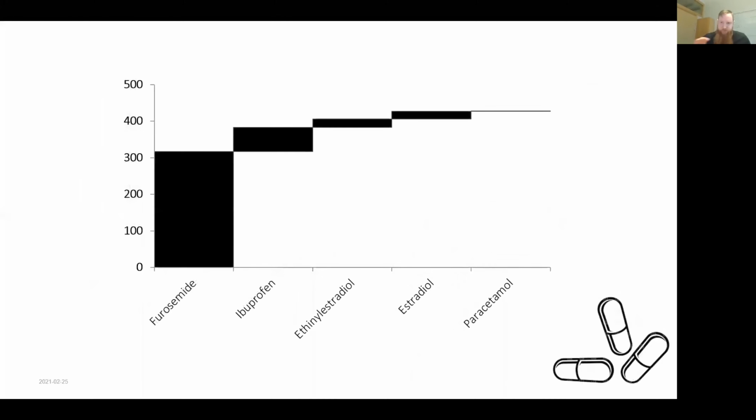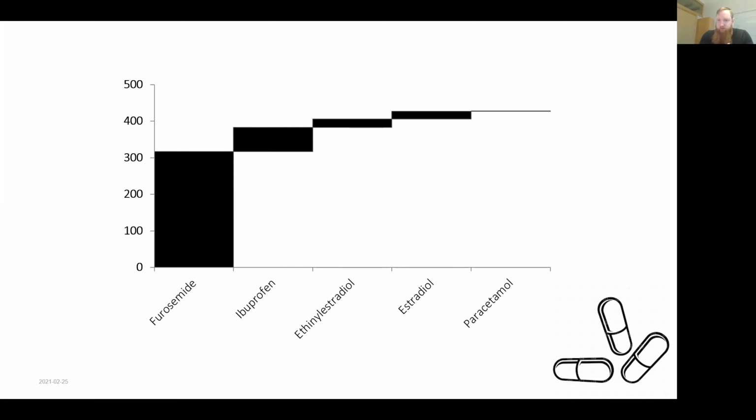And now we've taken the top 5 contributors to that risk, and we plotted them like this, so that you see that the black bars here are the height of the risk that they each contribute. So furosemide contributes with a little more than 320 times the concentration that we think is safe in the environment in the direct outflow of the sewage treatment plant. We also have ibuprofen, ethinyl estradiol, and paracetamol in this top 5.